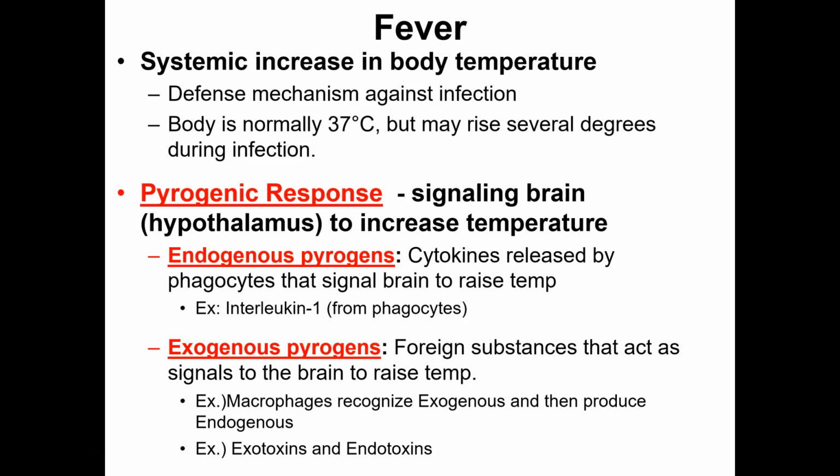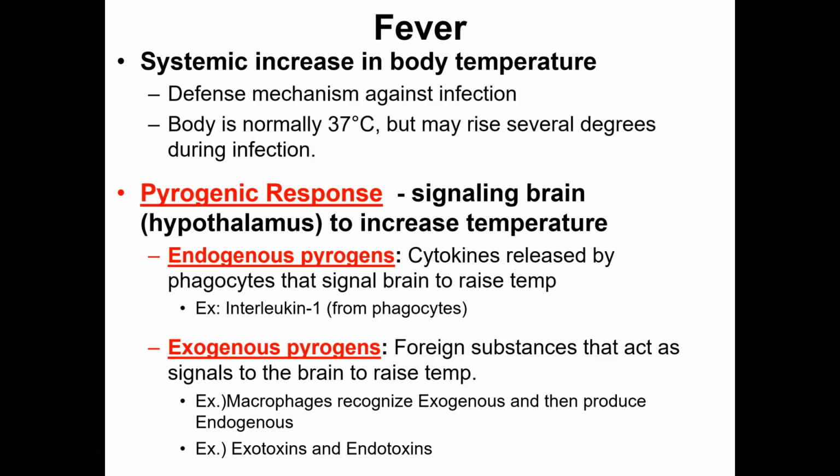As an infection continues, more and more interleukin-1 is produced, and as interleukin-1 accumulates, it gets to the hypothalamus. When the hypothalamus hits a critical point, it says, okay, we've got enough interleukin-1, let's start raising the core body temp a couple of degrees. This is where you get up to about 39 degrees Celsius, your typical fever around 101 Fahrenheit.